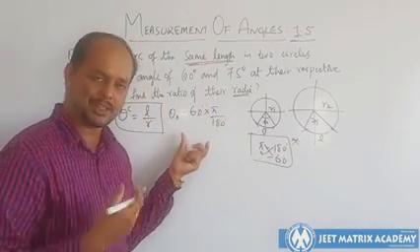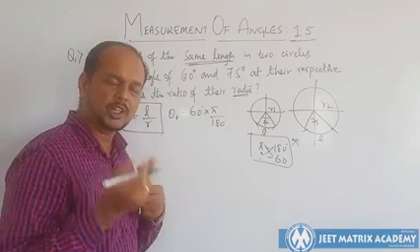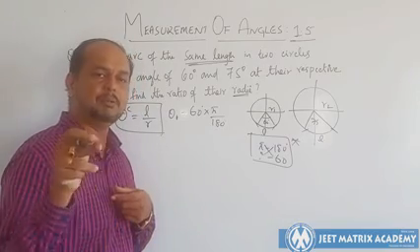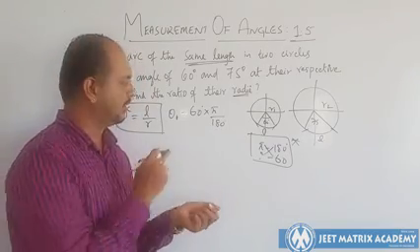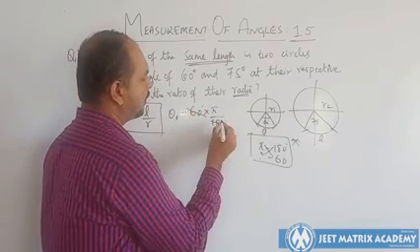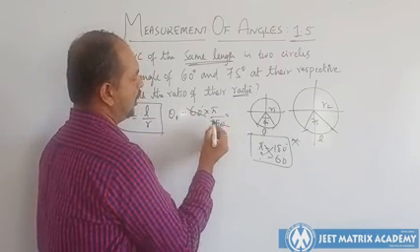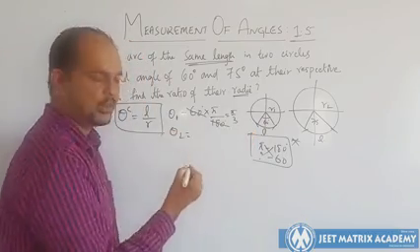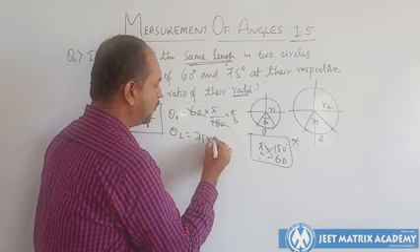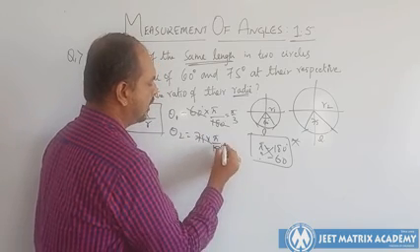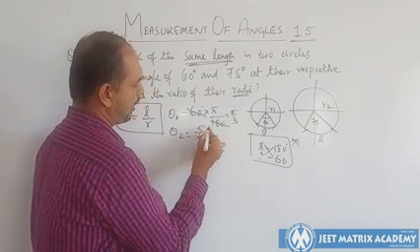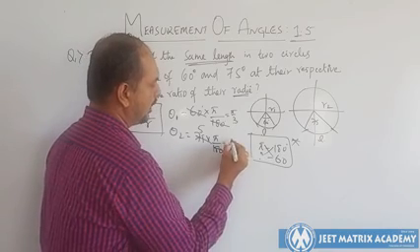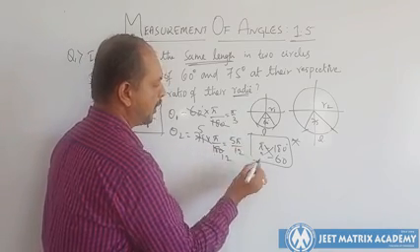Just try to remember: to convert into radians, multiply by pi divided by 180. So this will be equal to pi by 3. Similarly, theta 2 equal to 75 times pi by 180. This will be equal to 5 pi by 12.